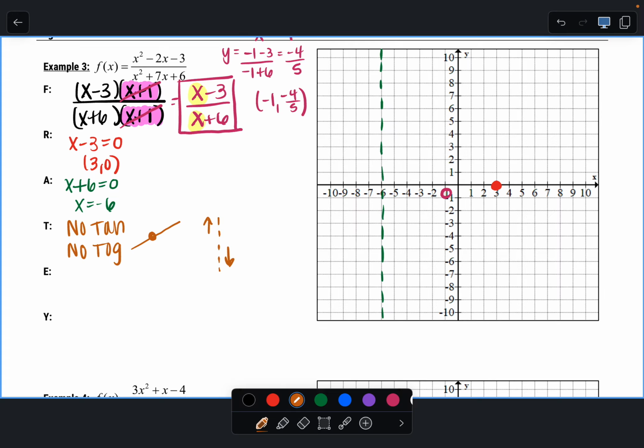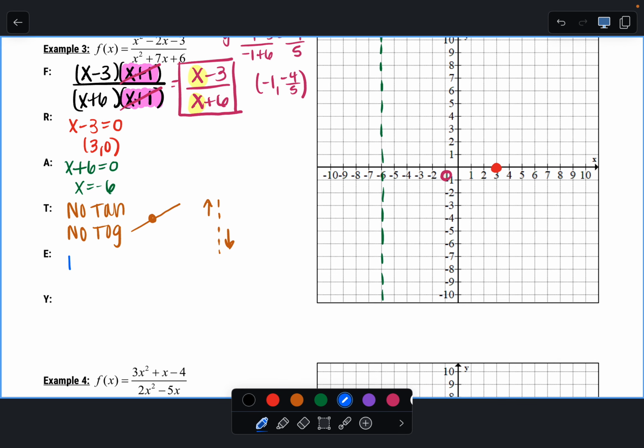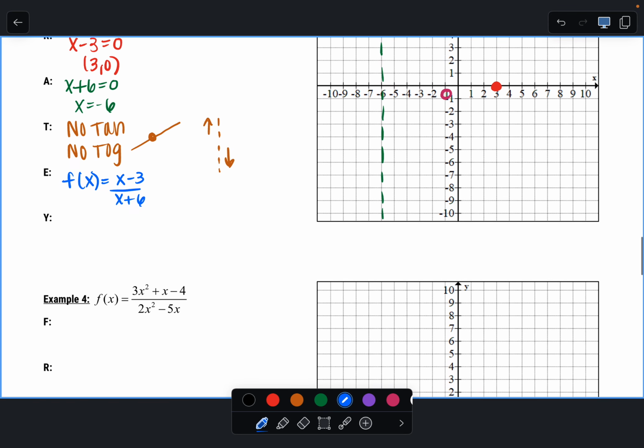Okay, now for the sake of doing the end behavior and the y-intercept, it is beneficial, I think, to rewrite your problem down here just so you can look at it as your point of reference, because you do need standard form for both end behavior and the y-intercept. For end behavior, you are looking at the highest exponent. And for now, remember we told you you're only going to be looking at one case.